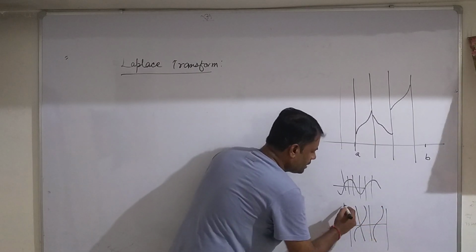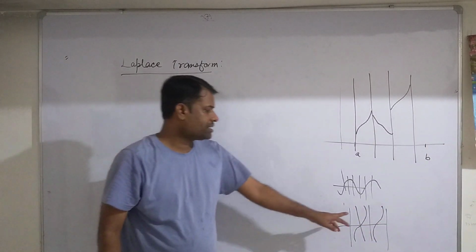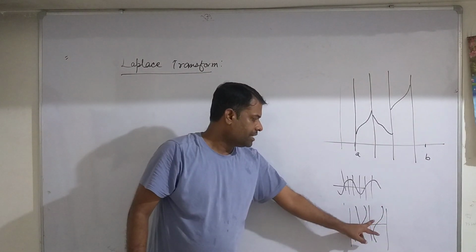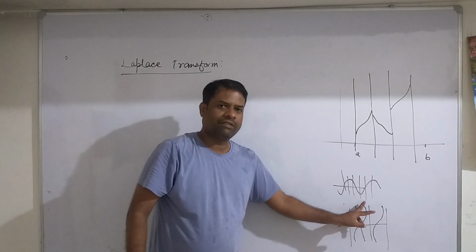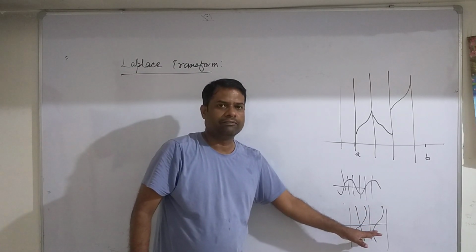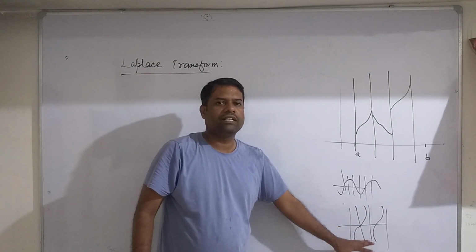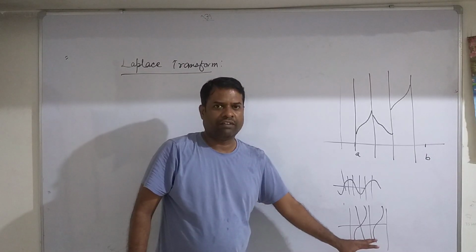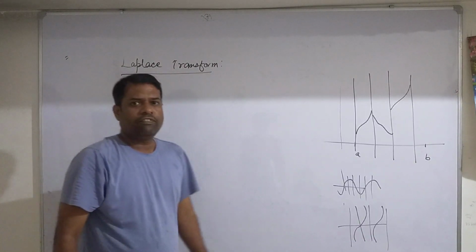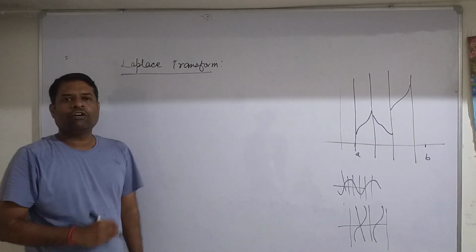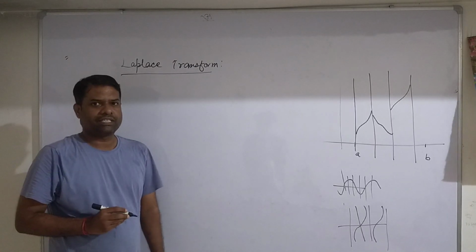So tan x is not piecewise continuous because its right hand limit is minus infinity, left hand limit is somewhere else. So it is not finite. That is why this function is not piecewise continuous. So if a function is piecewise continuous and of exponential order, then the Laplace will exist.